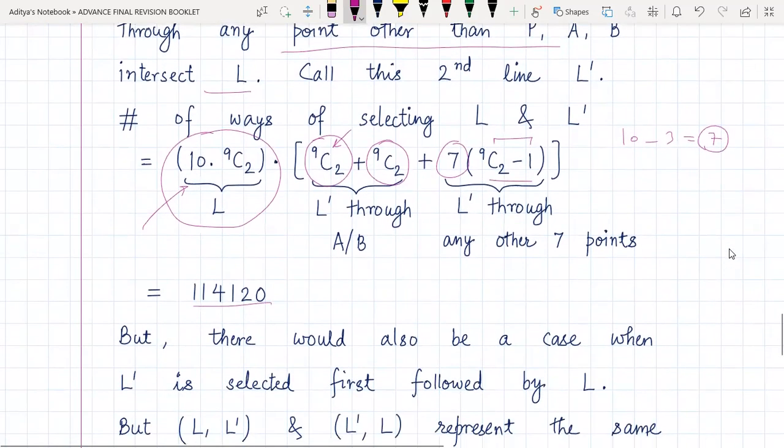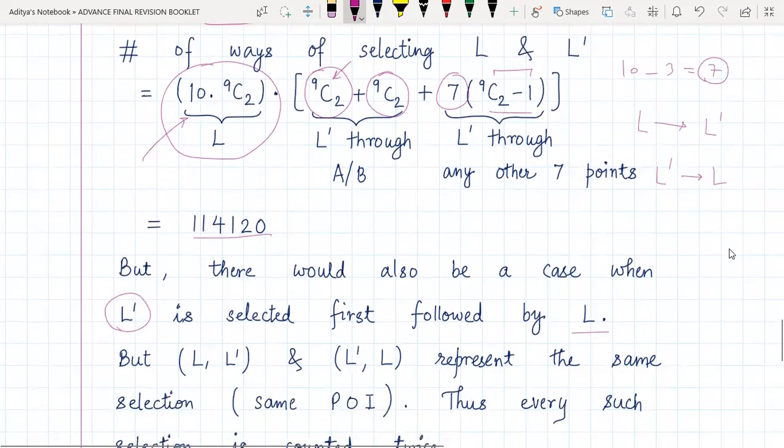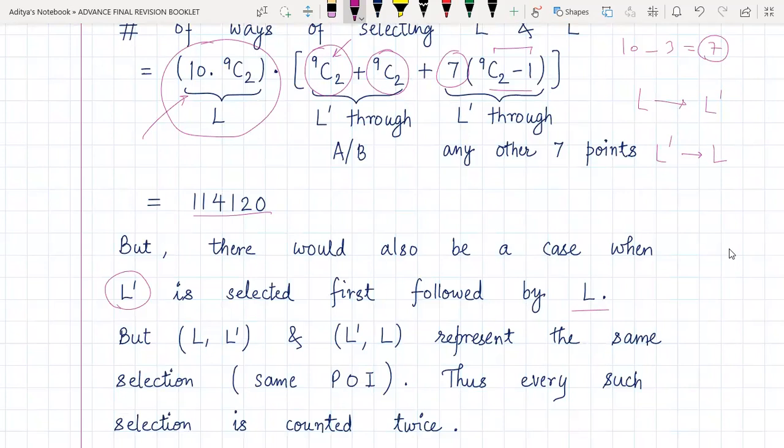But there would also be a case when L dash is selected first, followed by L. Obviously that will happen. Right now we selected L and then we selected L dash, but in counting all these ways, there would also be a case when L dash is first selected, followed by the selection of L. These obviously represent the same selection, because whether you select L first, then L dash, or L dash first, then L, the point of intersection still remains the same.